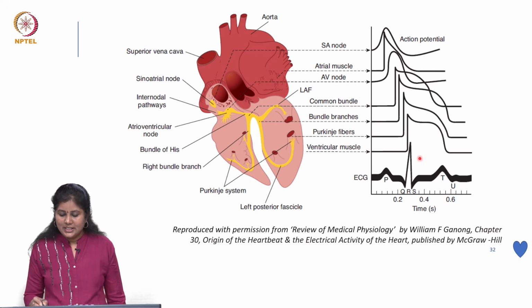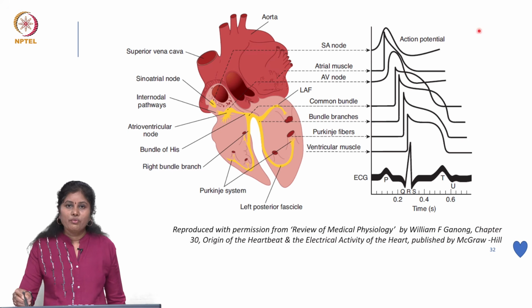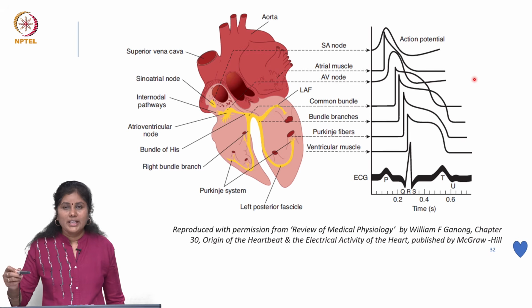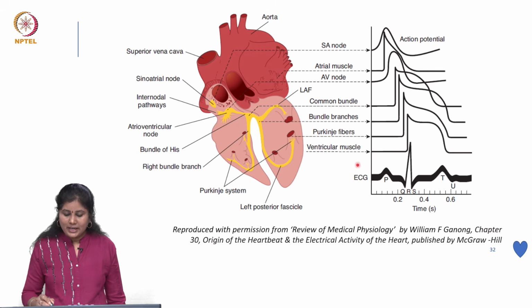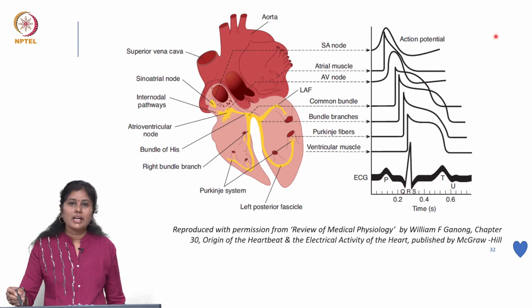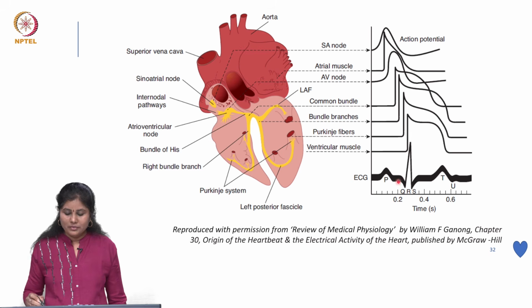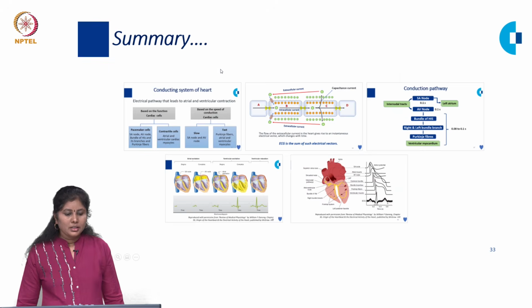Now ECG is nothing but the sum of all these action potentials at any given time and any given plane. So this electrical vector of all the action potentials produced in different conducting systems of the heart gives rise to ECG and its various waveforms, namely P wave, QRS complex, T wave and U wave.